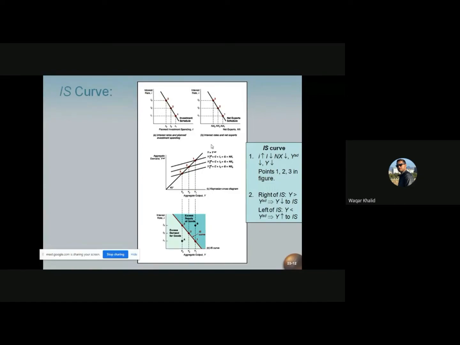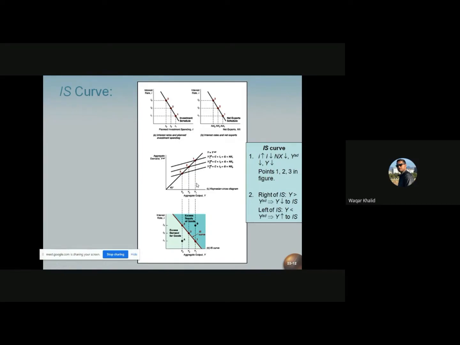We are coming from Y1 AD to Y2 AD, and then from Y2 AD to Y3 AD. So if aggregate demand is decreasing, it means that the aggregate output level is also decreasing. Look, we are coming from Y1 to Y2, and then from Y2 to Y3 finally.